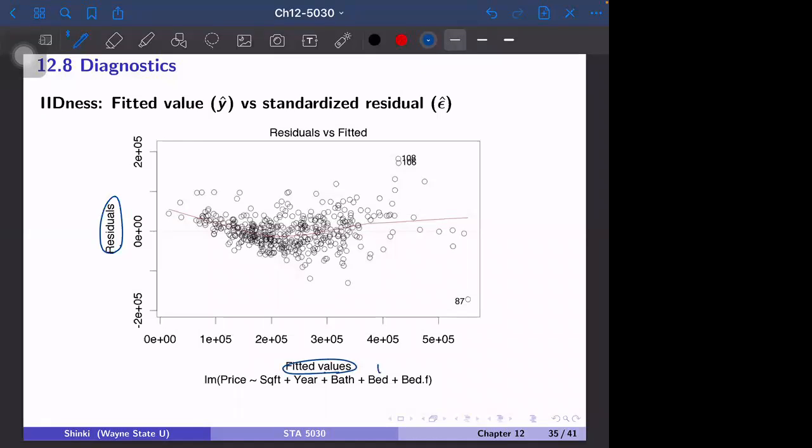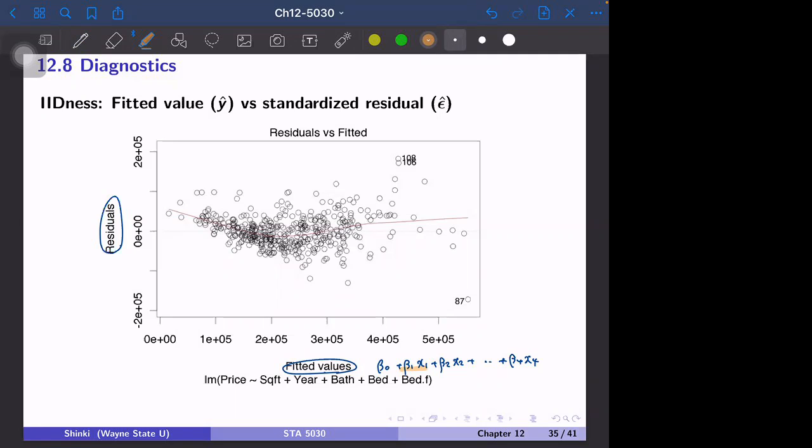Fitted values are, for example, if we have 4 predictors, beta naught plus beta 1 times x1 plus beta 2 times x2 up to beta 4 times x4. It's similar to the previous one, because this is a linear term of x1, especially if we have one variable. This is just a linear function of x1, so it's almost the same as the previous figure, just slightly linearly transformed.